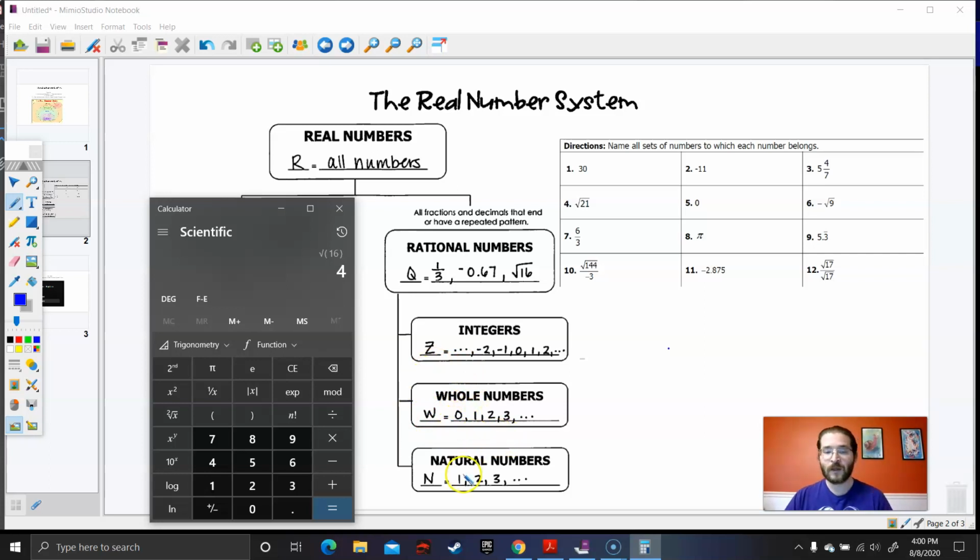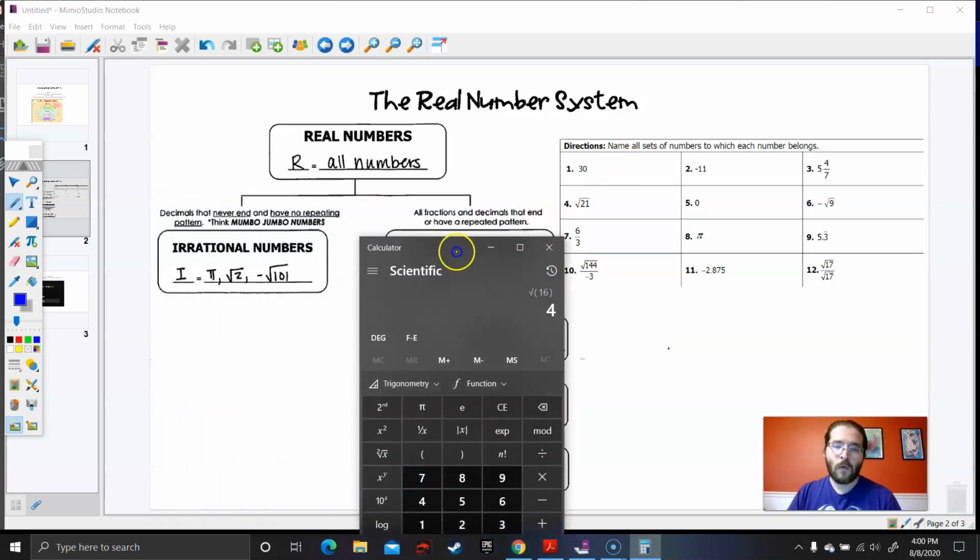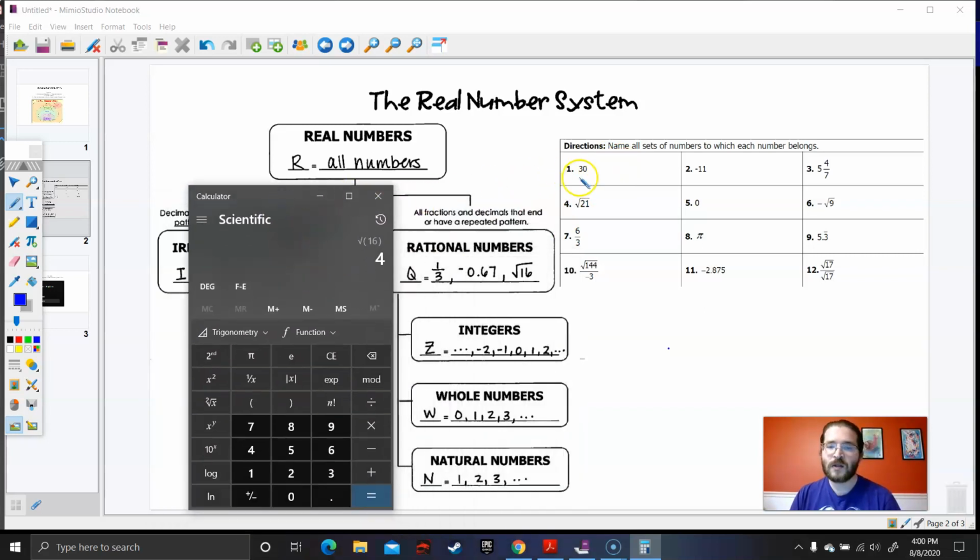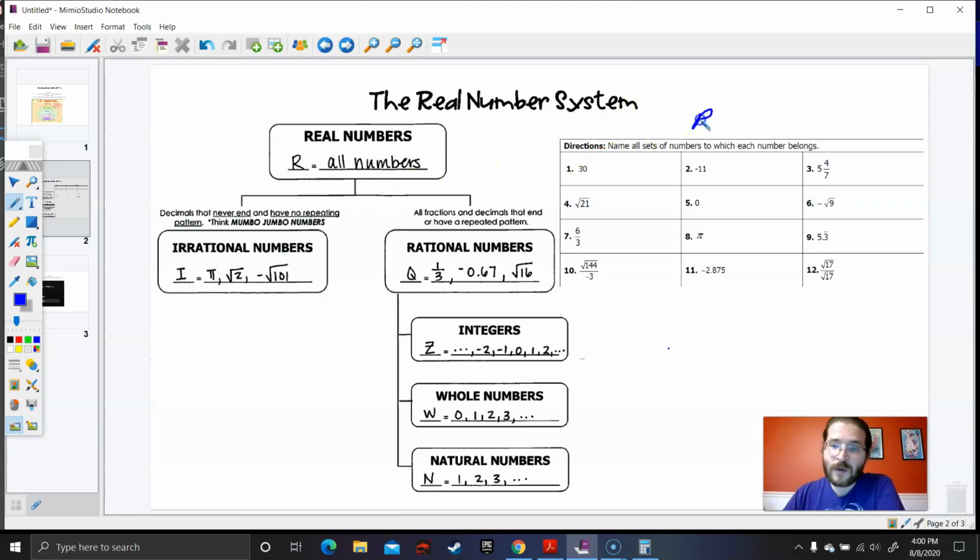And then natural numbers: take out the negatives and the 0. With that, we're going to be describing the sets these numbers apply to. Since all of these are real numbers, I'm going to put a big R here.